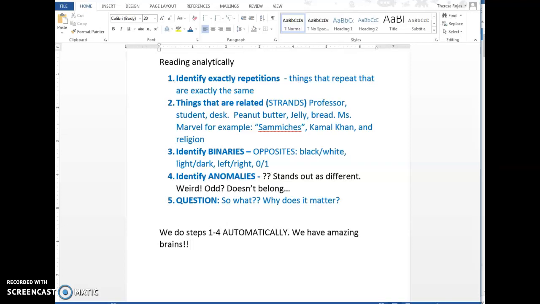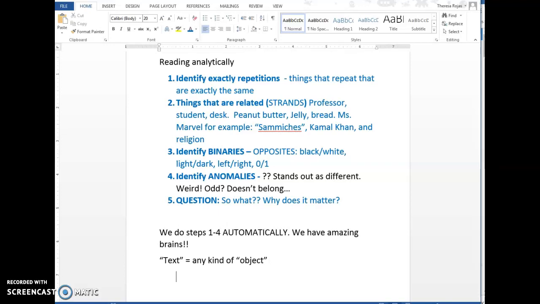But I want you to be aware of these as actual steps for you to take when you're performing analysis on a text. And remember, in this case, we use the word text, it can mean any kind of object that we're using for analysis. So not objecto, but object.